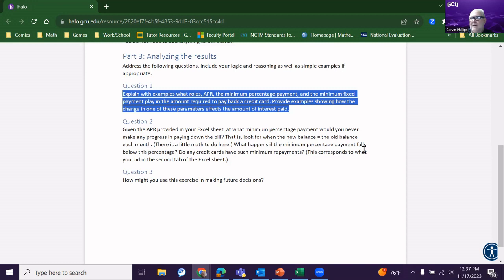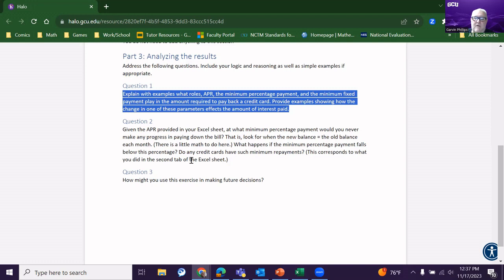You're not making any progress. If it falls low enough below it, in my case about $2 lower, it triggers the maximum payment, which will then help make the payments. But you may not pay that off, even with the maximum payment. So that's what you're supposed to do.